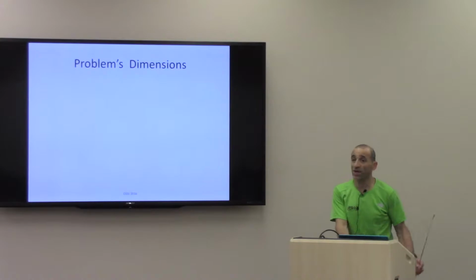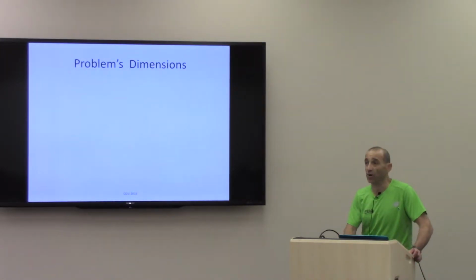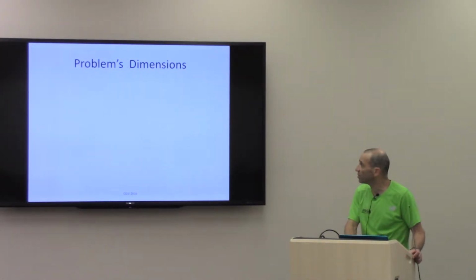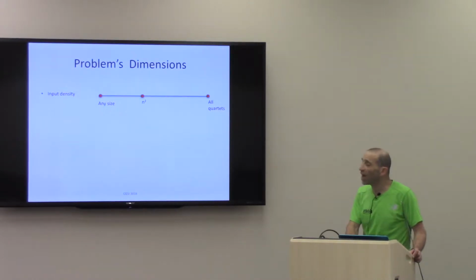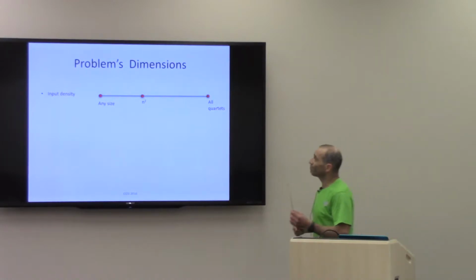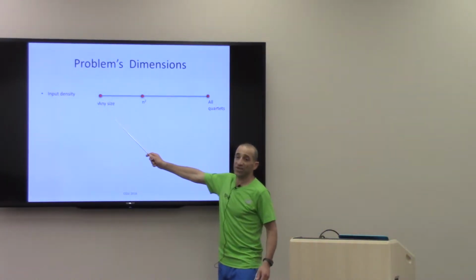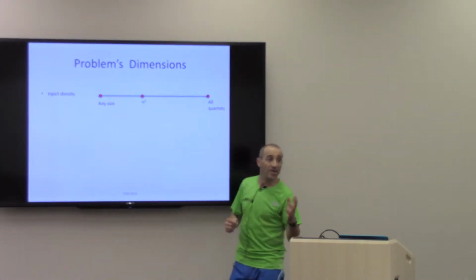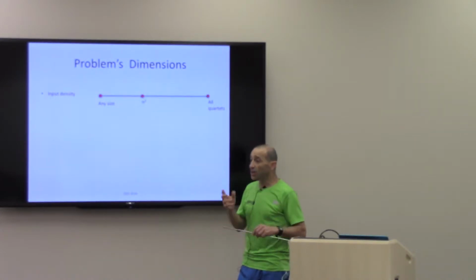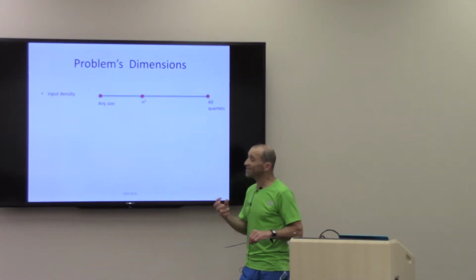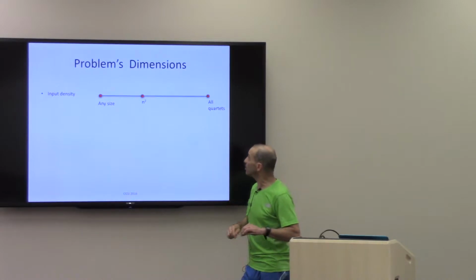So what are the dimensions of the problem? This is quite standard in optimization. First, we have the density of the input. How many quartets do we see? We start from just any size. It can be informational, it can be non-informational. We will see concrete examples.